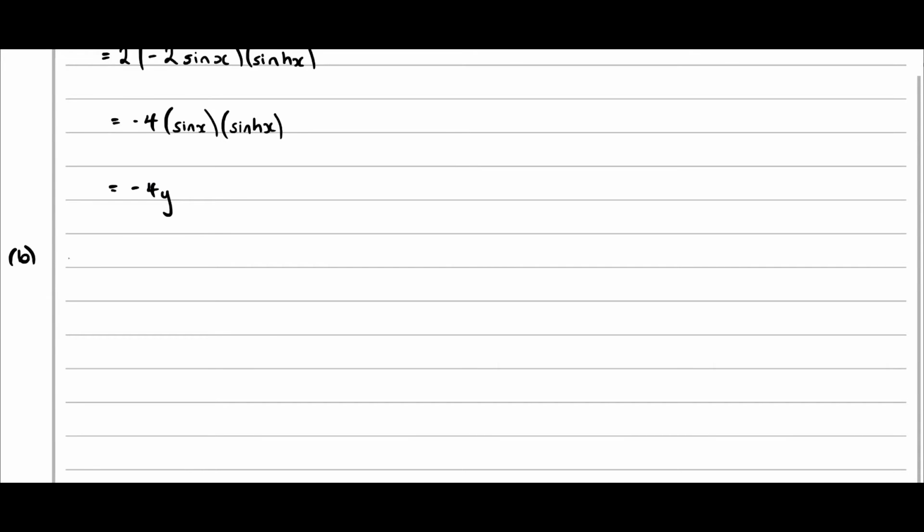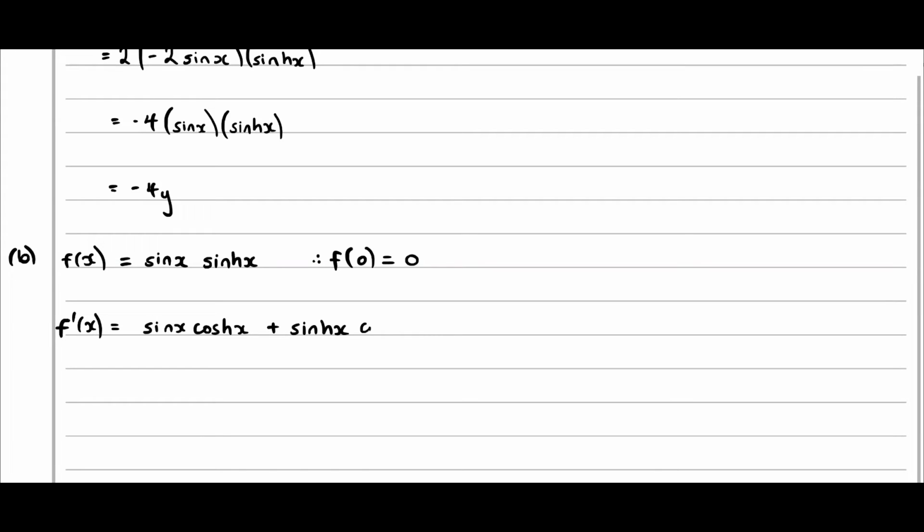We know that f of x is equal to sin x multiplied by sin x, and therefore f of 0 is equal to 0. F dash of x is equal to sin x times by cos x plus sin x multiplied by cos x.